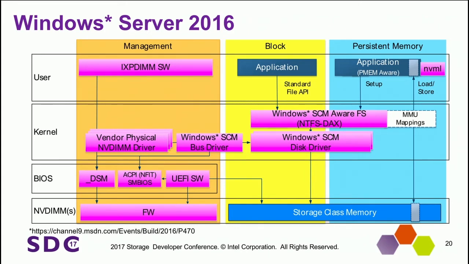The SCM disk driver handles the I/O to the persistent memory, and the physical NVDIMM driver is used solely for management. Microsoft also implemented DAX functionality in NTFS to support persistent memory file systems. So just a few minor differences between the two.